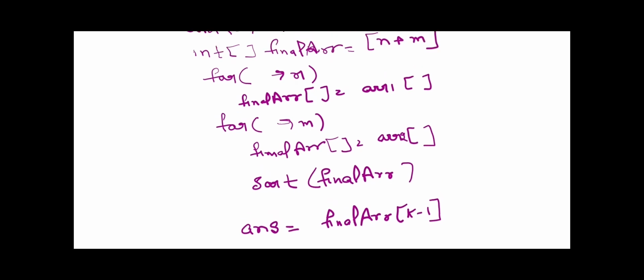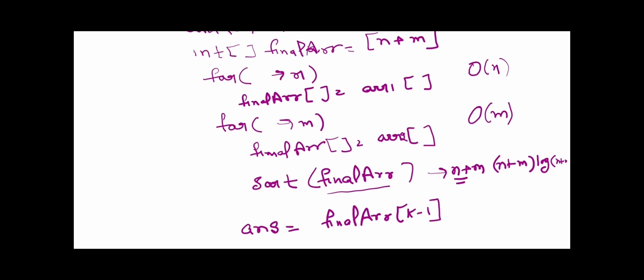Here, if we see, we used one loop over the first array, so the time complexity of this will be big O of n. Here it will be big O of m. And here we sorted the final array, which is of size n plus m, so this will be n plus m log of n plus m.